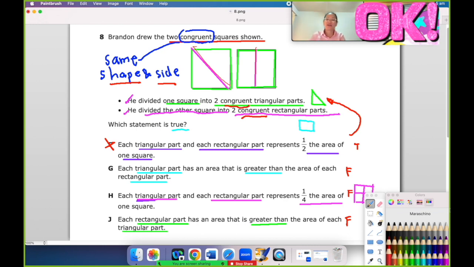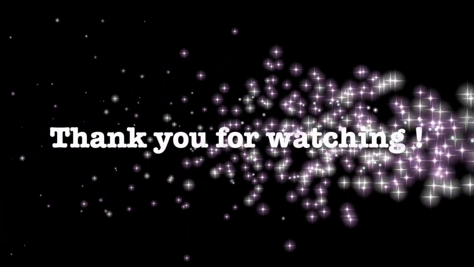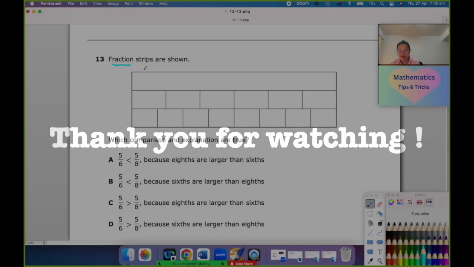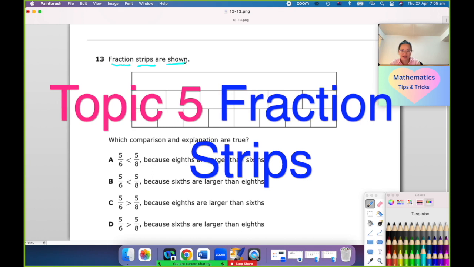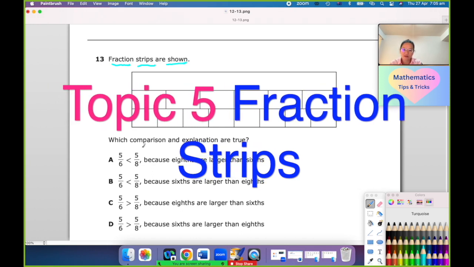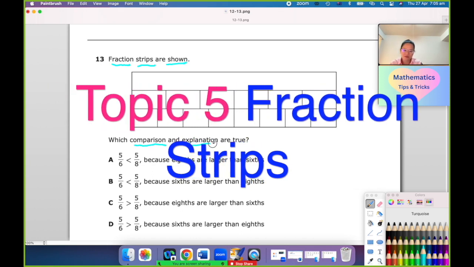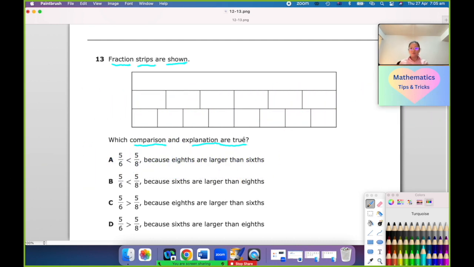This one I think is a little bit complicated, and I like this question. Which comparison and explanation are true? Yes, which comparison and explanation are true. Okay, look at this one carefully. Grace, the first strip here is just one. Can you write down with me, one.